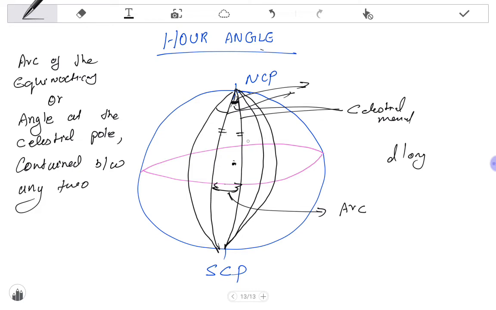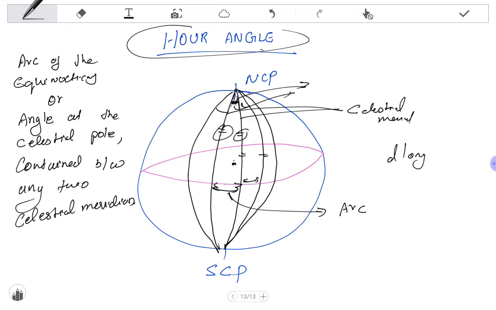Any two. So between these two or these two, this arc or this angle is called the hour angle.